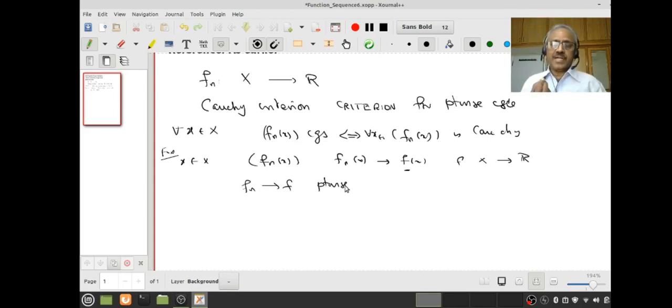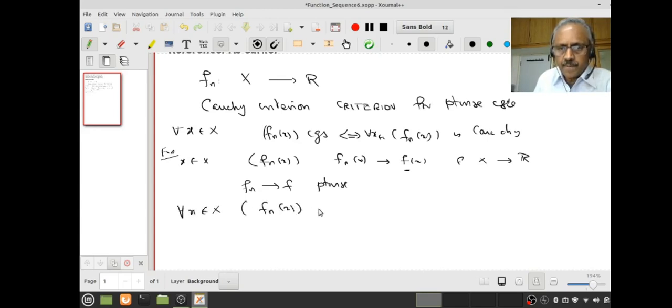But let's try to write it in terms of your usual epsilon, capital N notation. What does it mean? For every x in X, I want fn(x) to be Cauchy. So let us expand this.